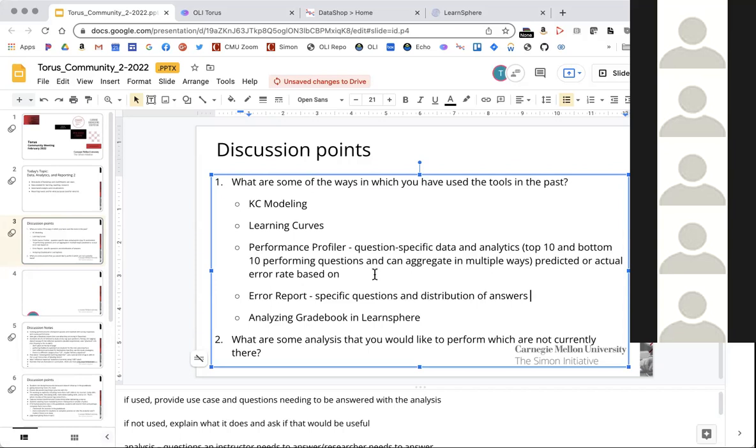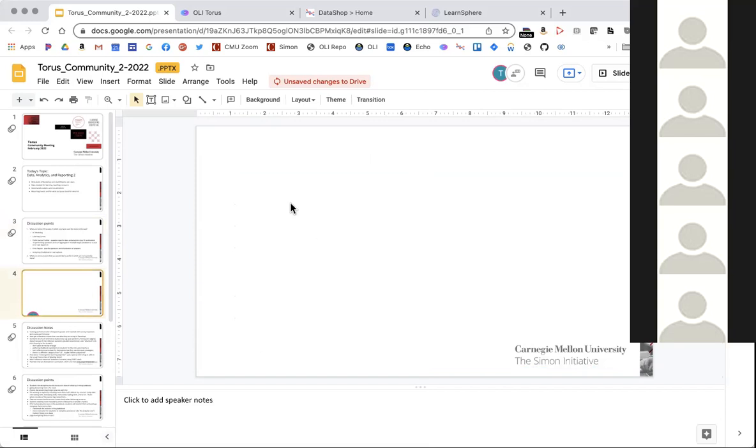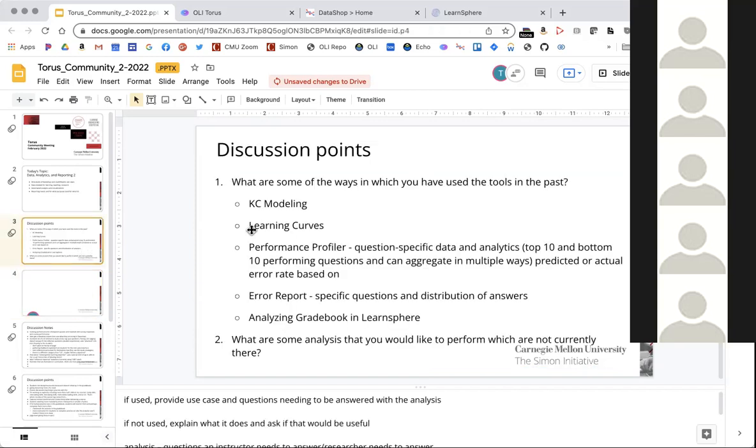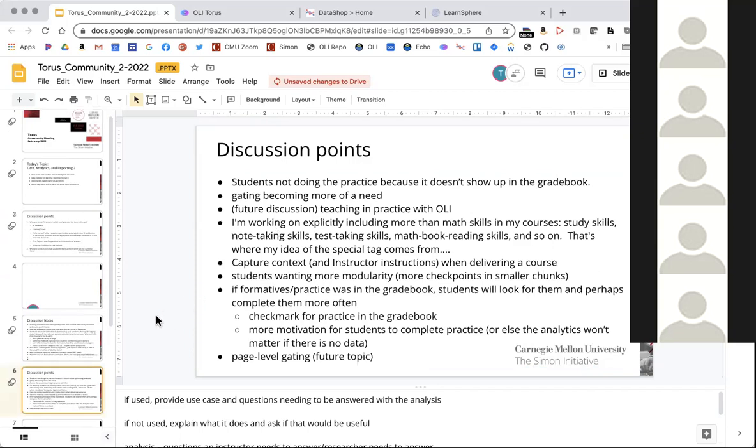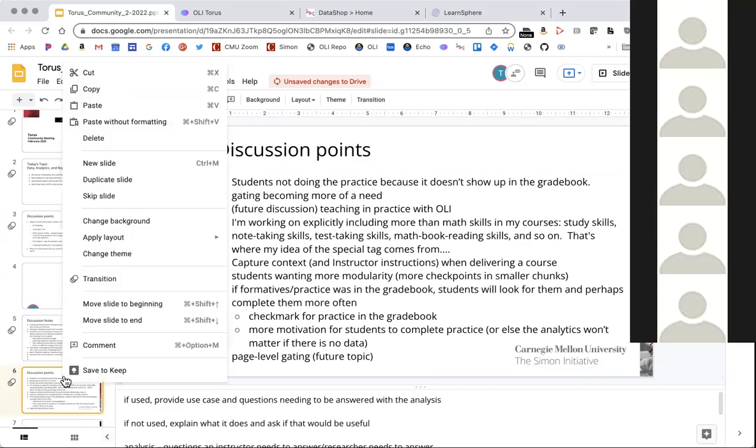Well, we did an analysis at one point where we looked at which questions students were getting wrong predominantly. There was a cutoff that Victor used, I think it was at least 75% or something like that. And then we looked at which distractor they were choosing.